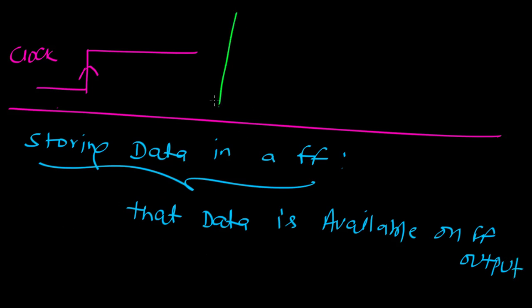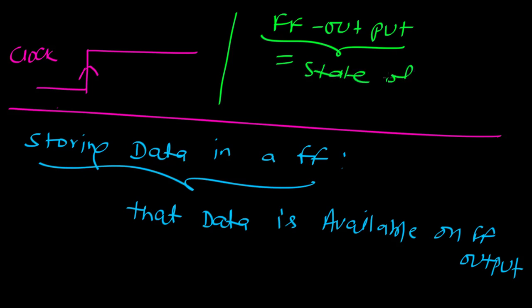And similarly, let me tell you that the flip-flop output is called the state of the flip-flop, because flip-flop output means the data which is stored. If the flip-flop output is 1, it means that 1 is stored.